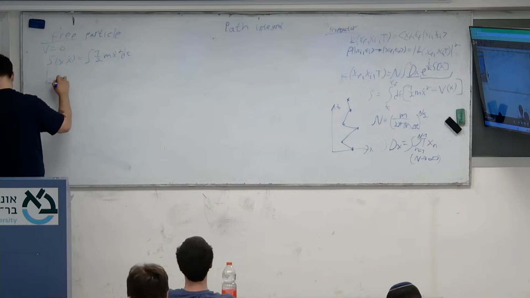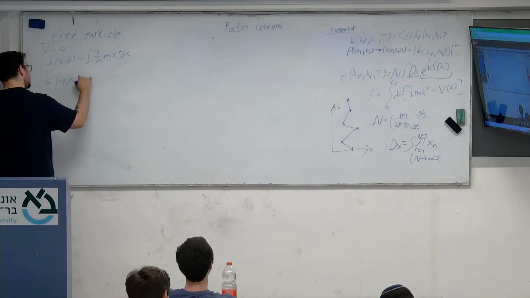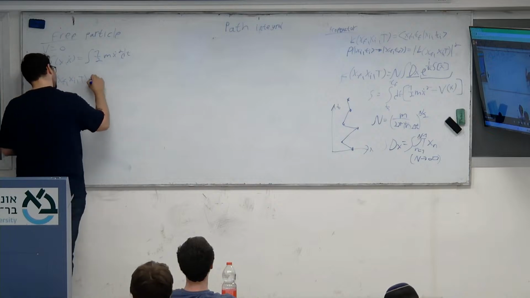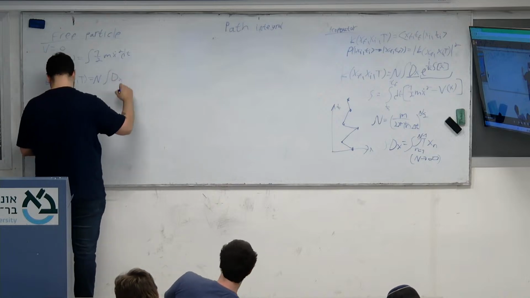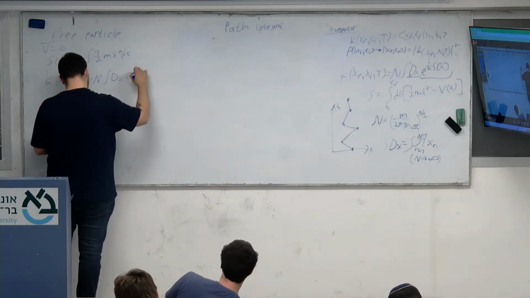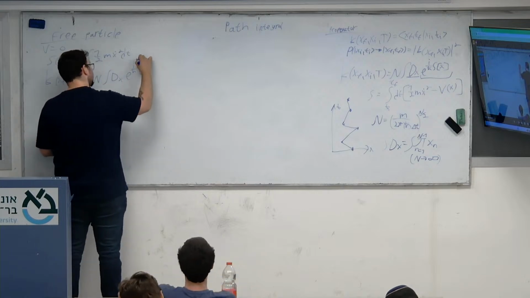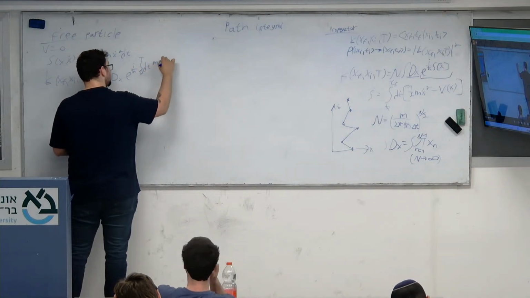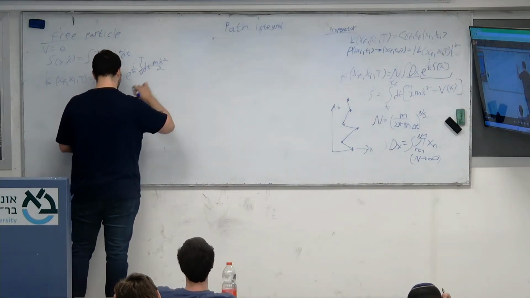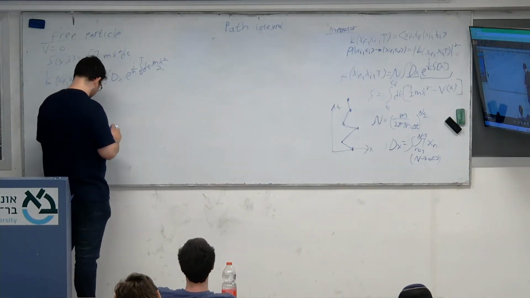The propagator K equals the integral of Dx, e to the power of i divided by h bar, integral from 0 to t of m x dot squared divided by 2.